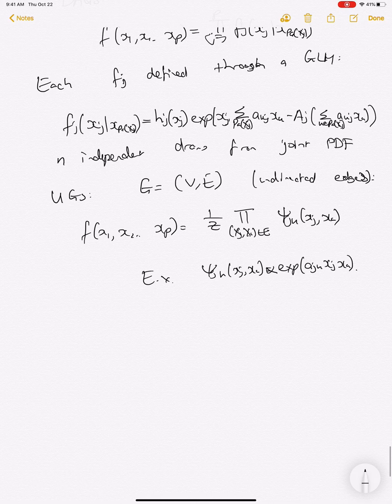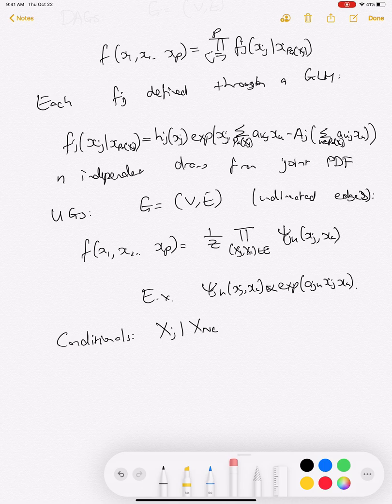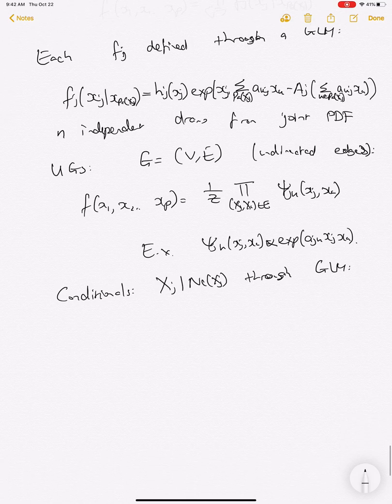Then we have the conditionals of xj given the neighbors of xj, which we can again define through the GLM.